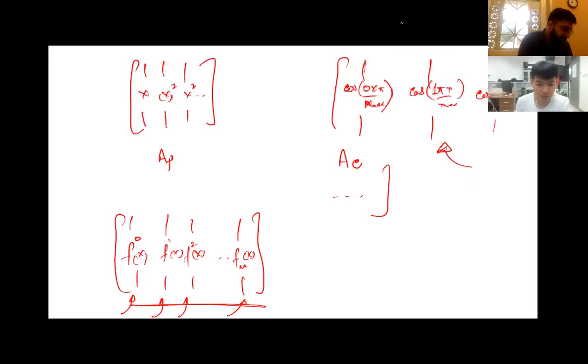The simplest case, of course, is just take the polynomial: f0 of x is x power 0, f1 of x is x power 1, f2 of x is x power 2, and so on. That's the simplest option. You can go for the cosine one, where f0 is cos of 0 pi x divided by x max, f1 is cos of 1 pi x divided by x max, and so on.